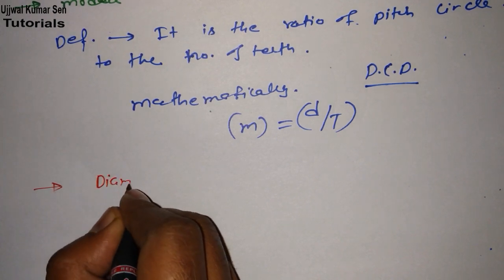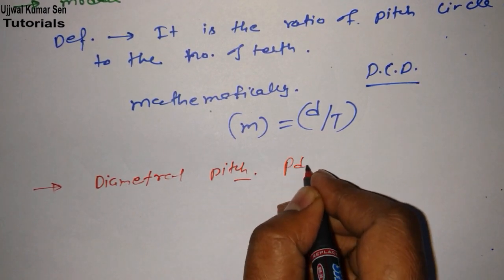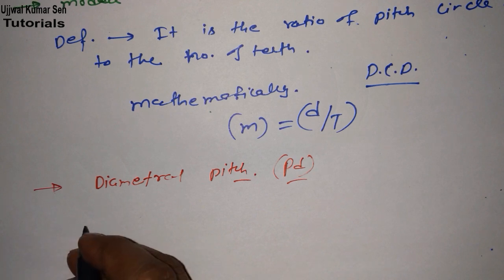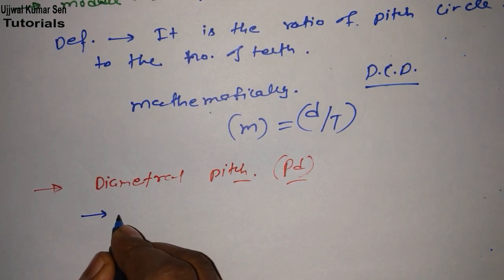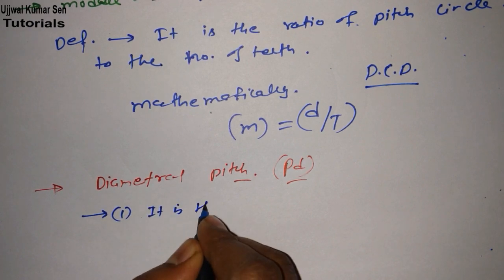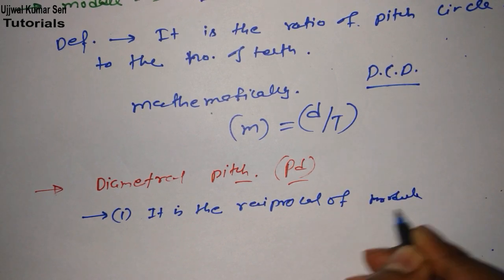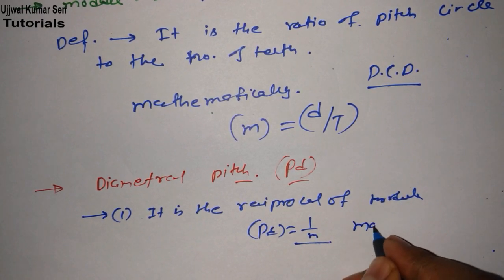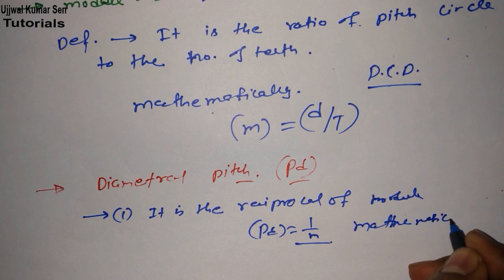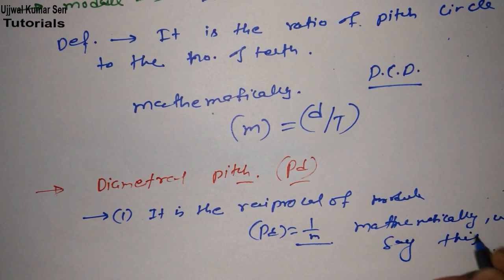The last one is diametral pitch. This is denoted by PD. So what is the definition of diametral pitch? You can say two definitions. First, it is the reciprocal of module. What is the meaning of this? PD is equal to 1 by M. Mathematically we can say this.